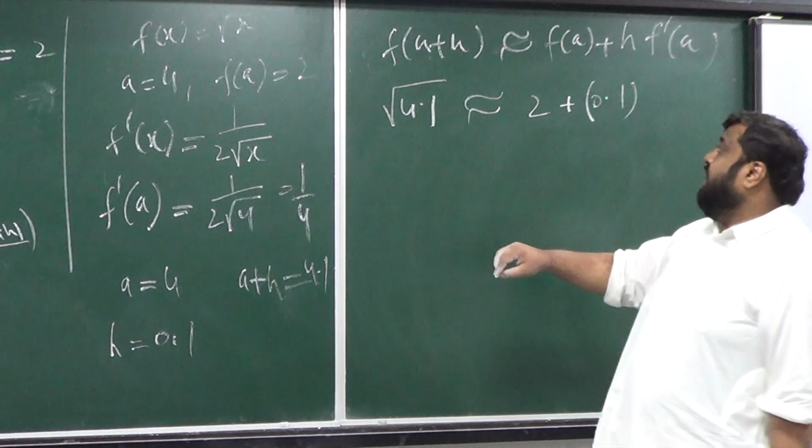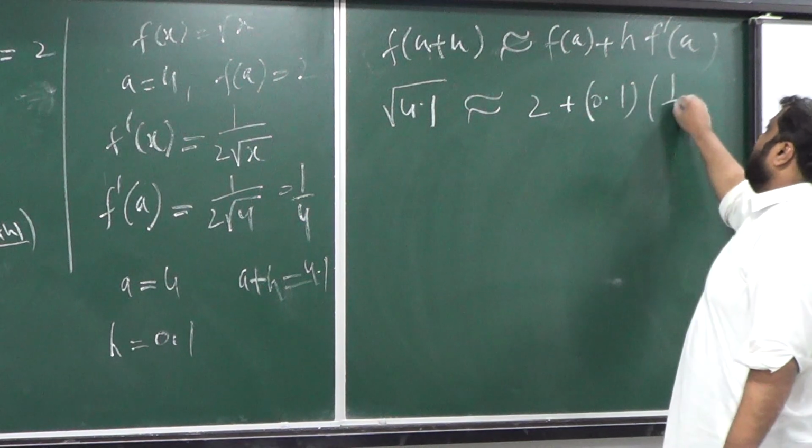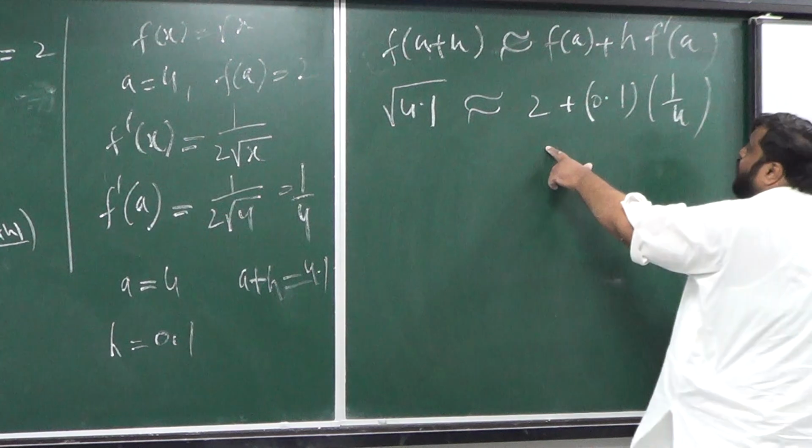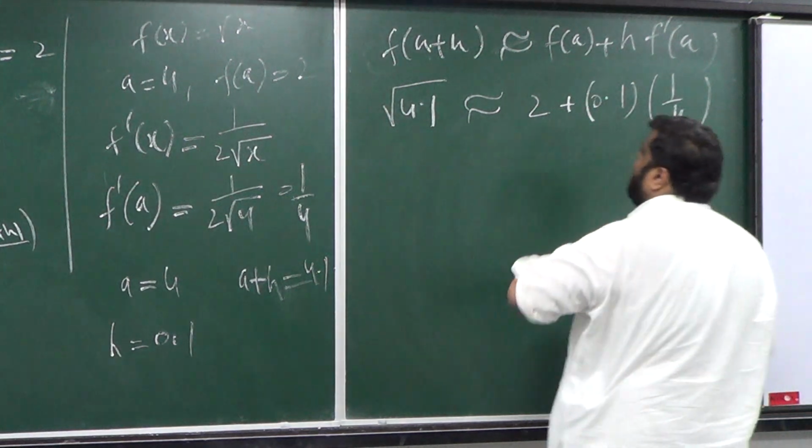I know f prime of a is 1/4. So it's going to be 2 plus this.